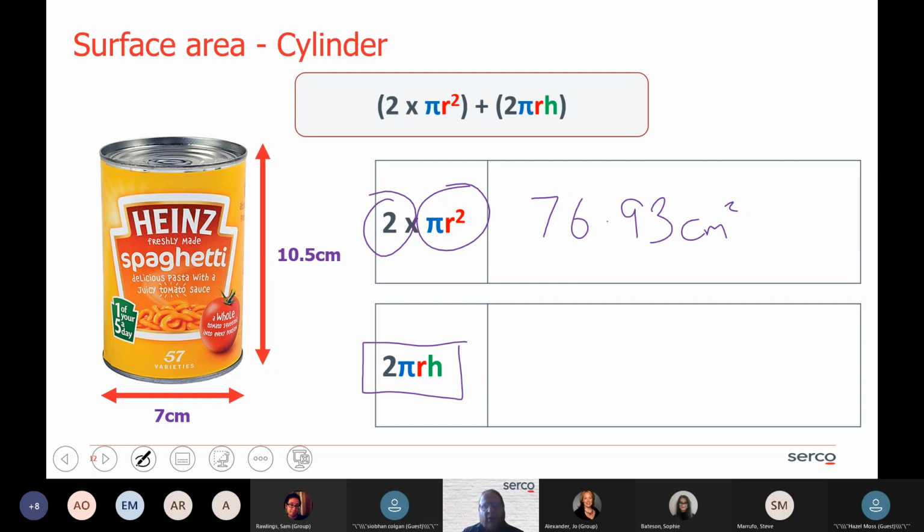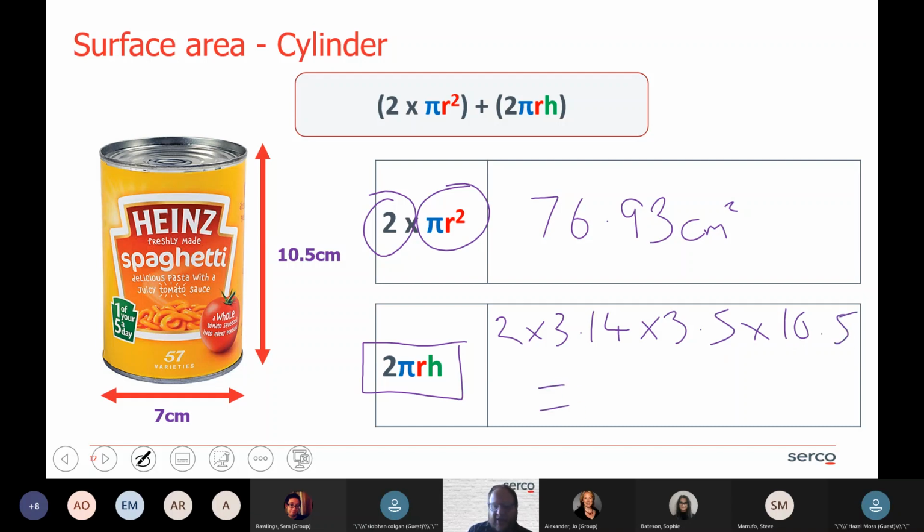But the formula is 2 pi r h. And you've probably guessed we know 2 is 2, pi is pi, and r is the radius. H is the height, in this case, of the tin. So to work this out, we're going to do 2 times 3.14. The radius, we said before, was 3.5. And the height, in this case, we know is 10.5.